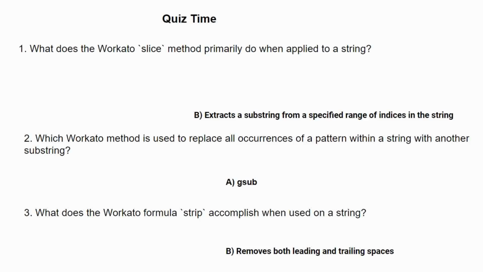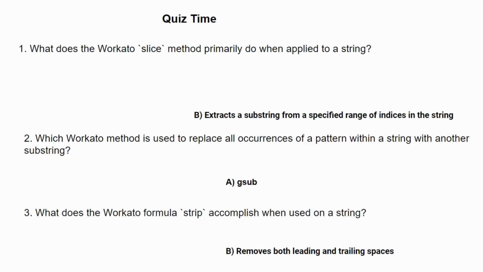Hope you guys enjoyed this session and learned about a few of the string formulas and how they generally work in Workato, as well as how they exactly manipulate the given string to our requirements, right? Note this: when you use the formulas we saw today wisely, they give you the right output.